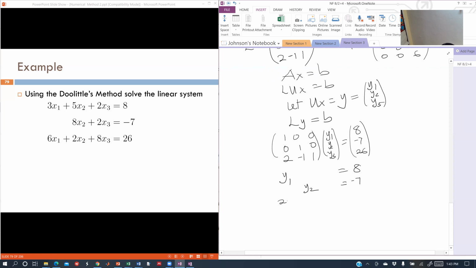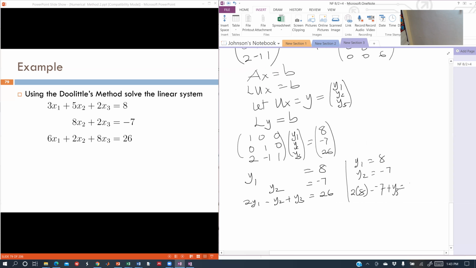And then we have 2Y1 minus Y2 plus Y3 is equal to 26. So clearly, Y1 is equal to 8, Y2 is equal to minus 7, and so we have 2 into 8 minus negative 7 plus Y3 is equal to 26.